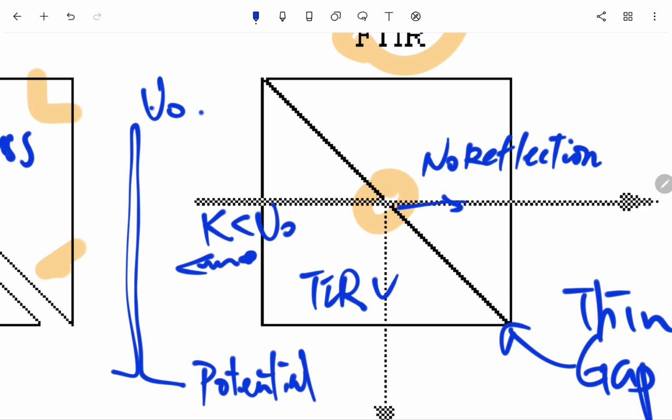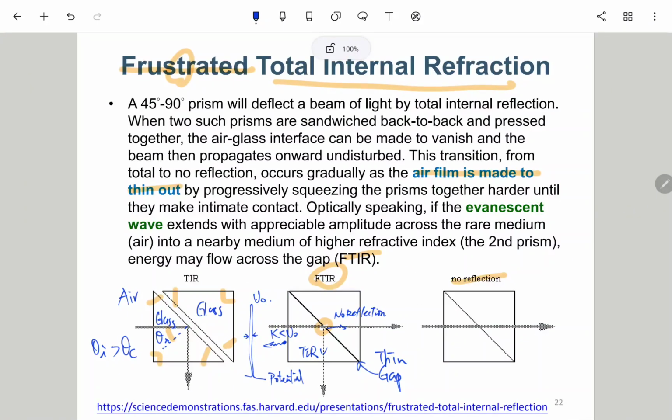But in quantum mechanics, if this wall is thin enough, this particle may be able to go through with a certain probability between 0 and 1. So this is an interesting phenomenon.